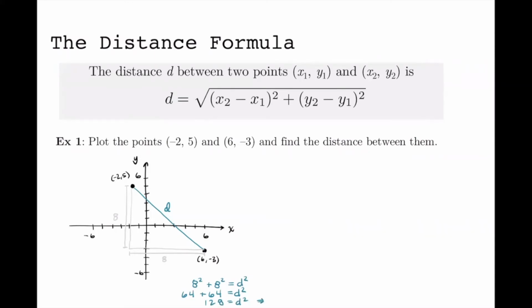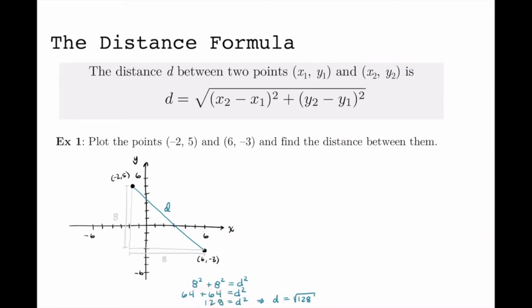If we take the square root of 128, I don't believe that that is a perfect square, so it's probably the best idea to just leave it in its exact value here and just say that it is equal to radical 128. That's all right to leave it like this, but we could also see if there's a perfect square hiding inside of 128. That should be kind of clear, because it's actually two 64s, right?